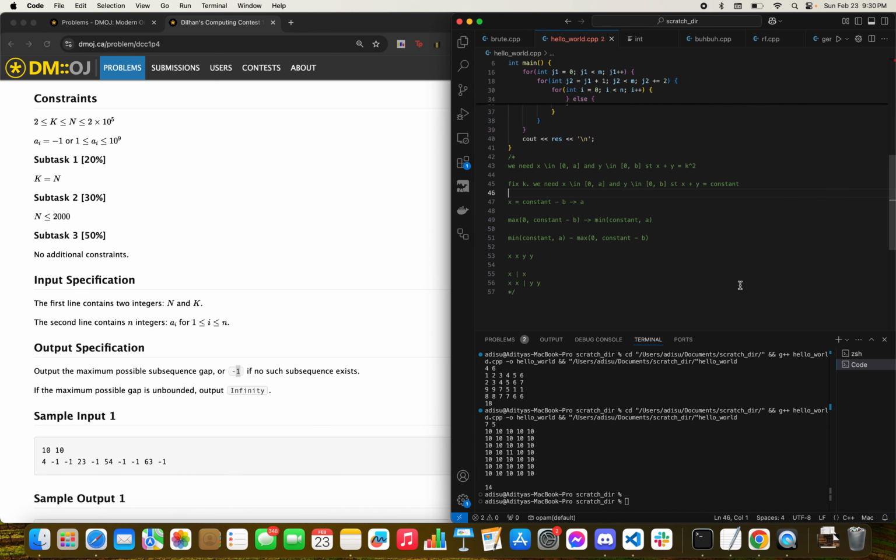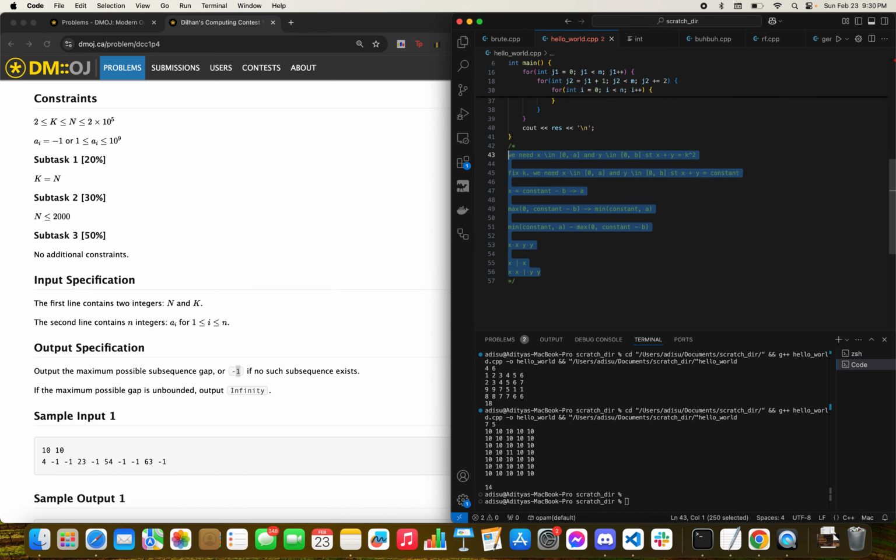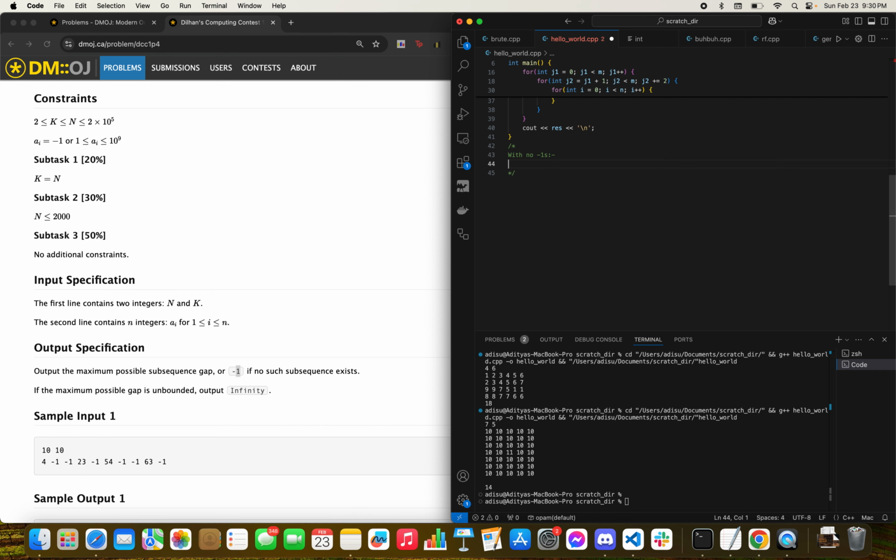Let me take some notes here. I think g equals 0 is an annoying edge case, but yeah. So then what?